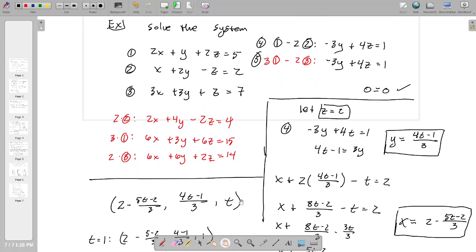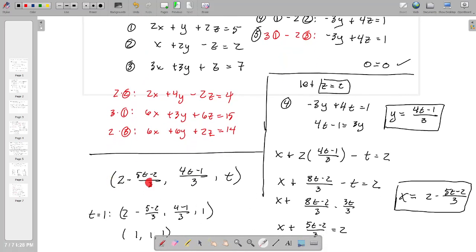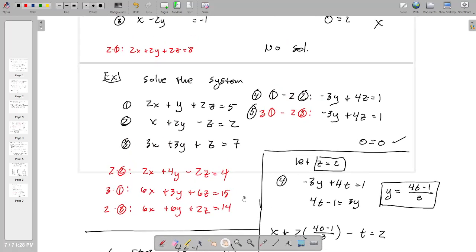Now, when you actually write an answer, the infinitely many solution case, it'll look like this. This is just one specific point that's included in this set of points that I want to show you works for this particular system. So now if we plug in 1 for x, y, and z, we have 2 plus 1 plus 2 is 5. 1 plus 2 minus 1 is 2. 3 plus 3 plus 1 is 7.